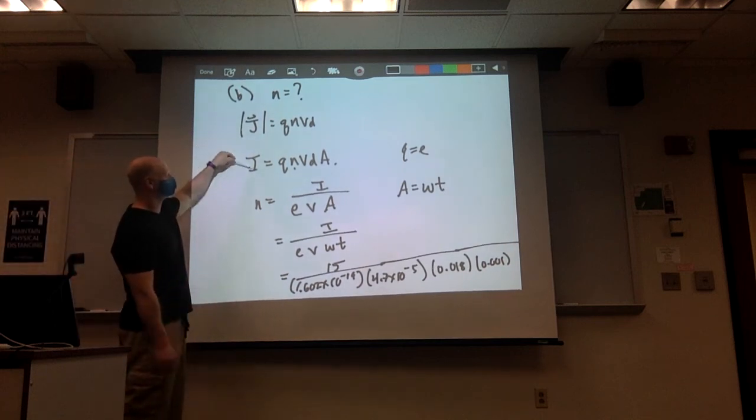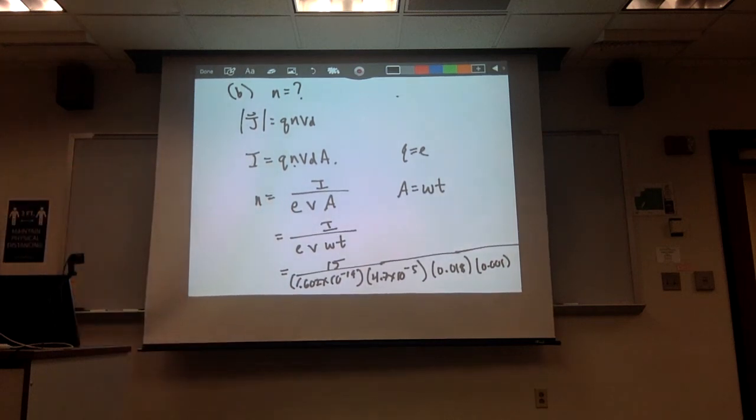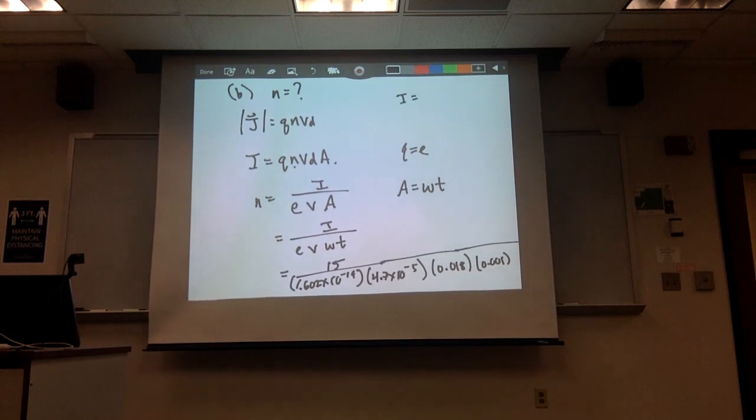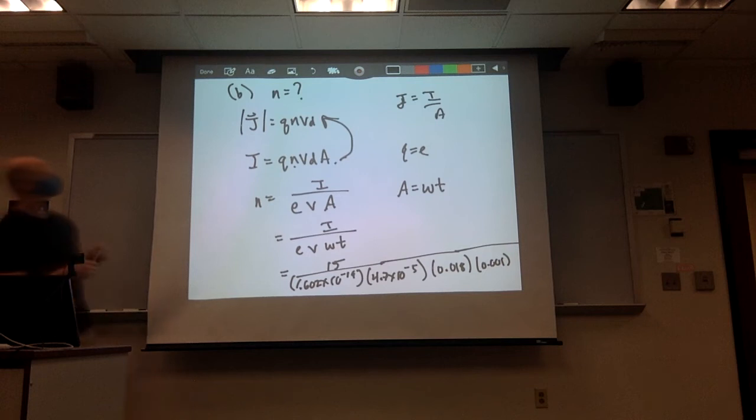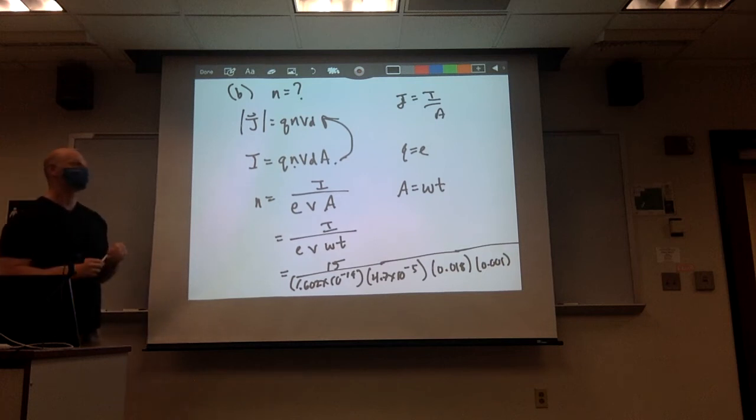First, we got this one, but we also know that current by its definition, or at least current density, I should say, is equal to the current per unit area. So that's how we went from this one to this one. But that came from last chapter. So that's taken as a known at this stage because we already derived it before. So that's where that came from. That's when we were doing chapter 27.